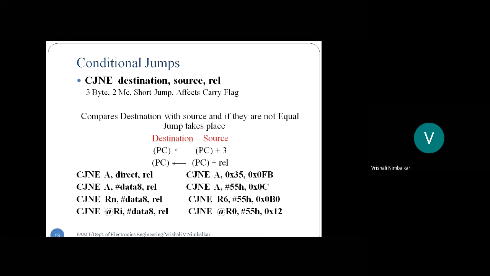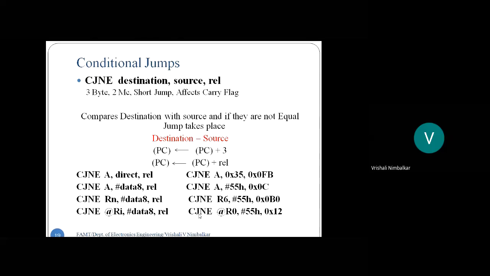The third example, CJNE R6, hash 55 hex, B0 hex. Now see, B0 is what number, students? B is 11, which means 1011, and the next is 0, so 1011 0000. B0 is a negative number. So if R6 data is not equal to 55 hex, the jump is going to happen backwards, since that's a negative number.